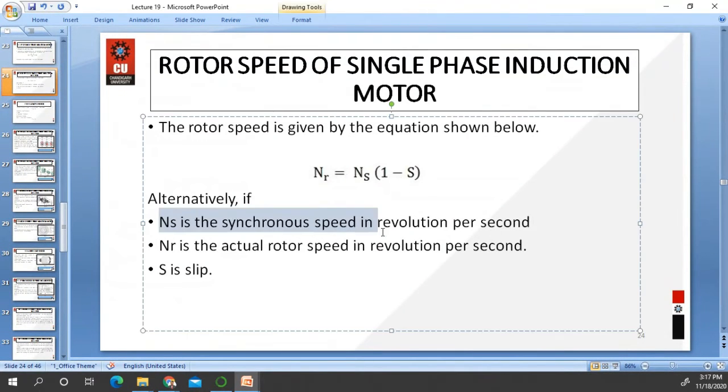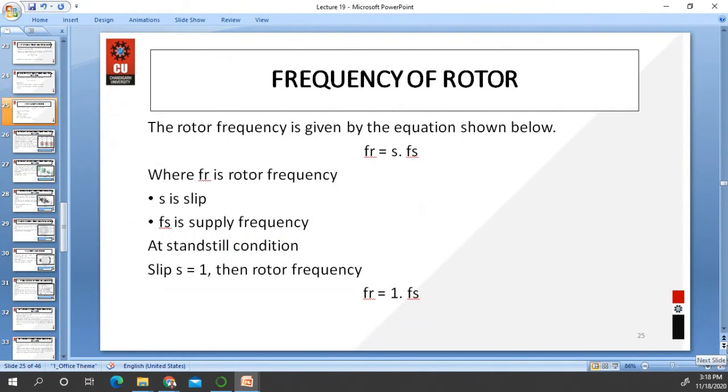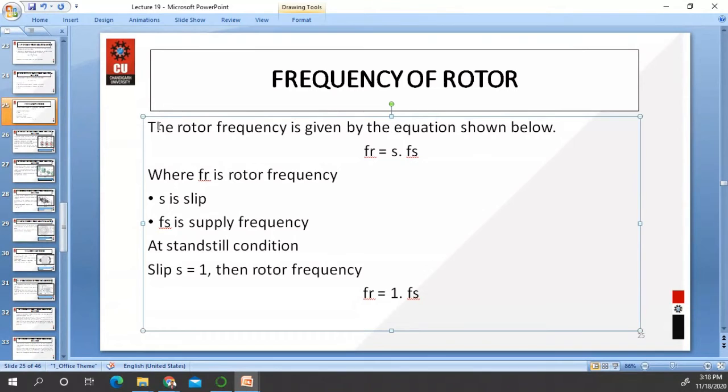Alternatively, if Ns is the synchronous speed in revolutions per second, then Nr is the actual rotor speed in revolutions per second. Any doubt till now? Quickly give your response. We have explained all these formulas in the last session.